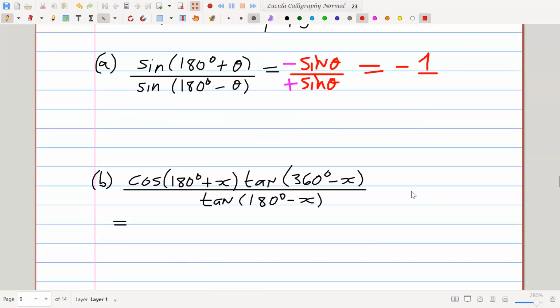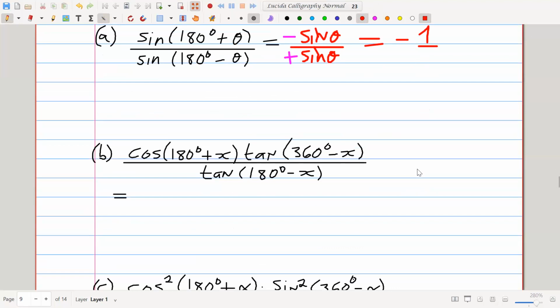So moving to the next example, which is the cos of 180 degrees plus x multiplied by tan of 360 degrees minus x. I just use x, just change it. You can always use any angle of your preference. As long as you understand that you're adding this to 180, that means it'll take you to the third quadrant.